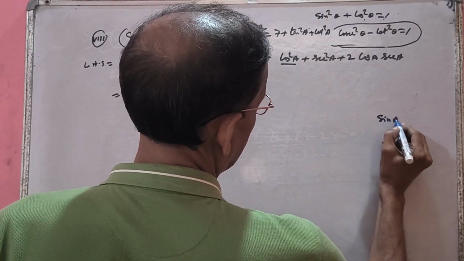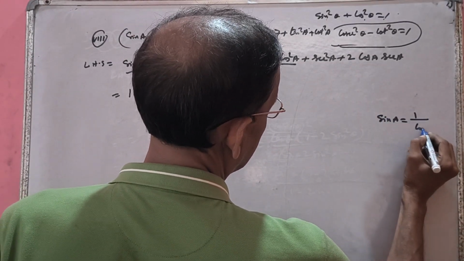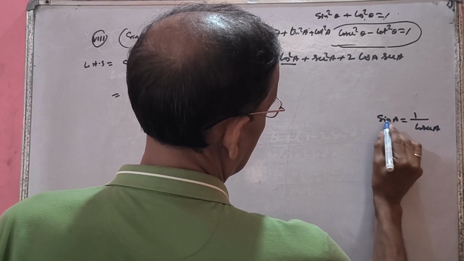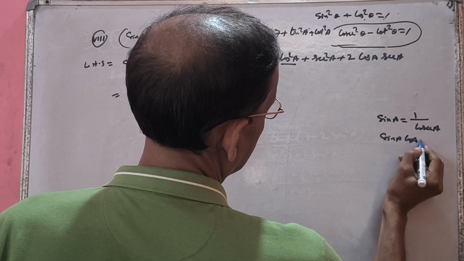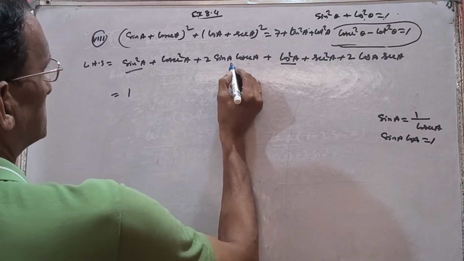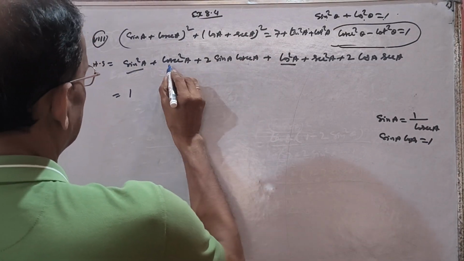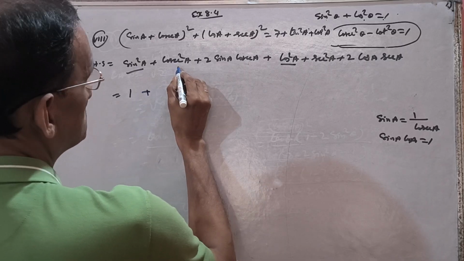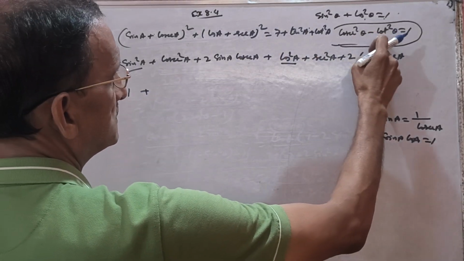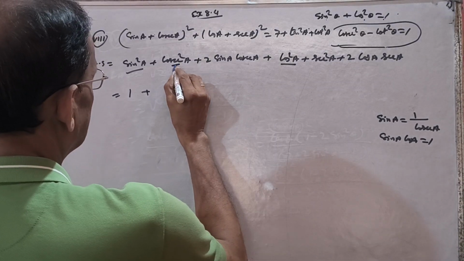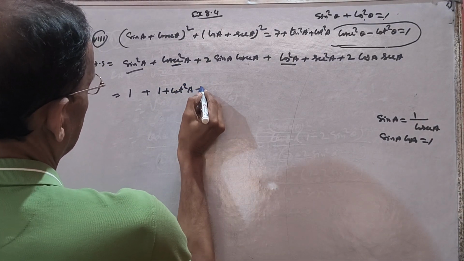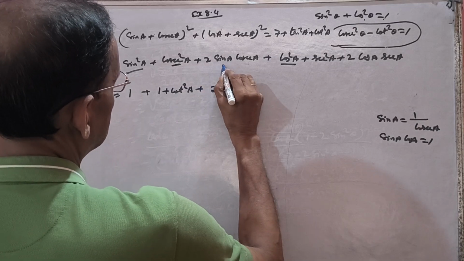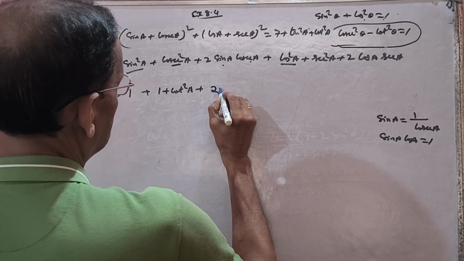You know sin A equal to 1 by cosec A. So sin A into cosec A, what we will get? 1. First, okay. What is cosec square A? Cosec square A is what? 1 plus cot square A. For cosec square A, what you can write? 1 plus cot square A. And this is 2 because sin A into cosec A is 1.